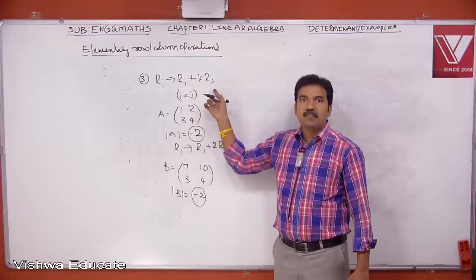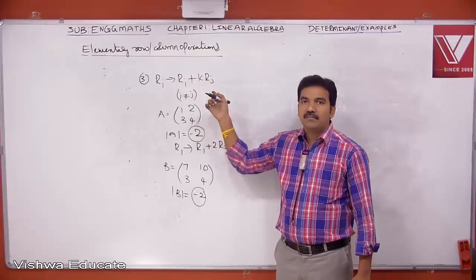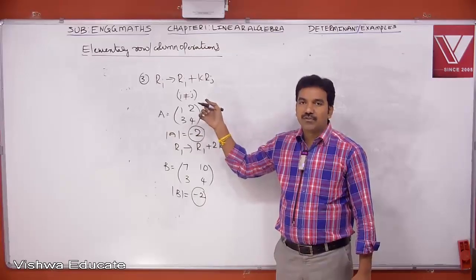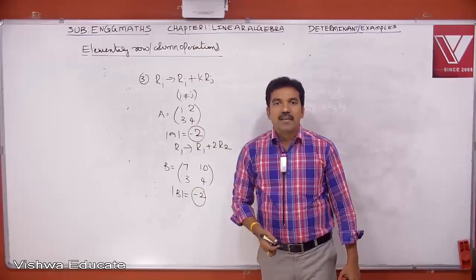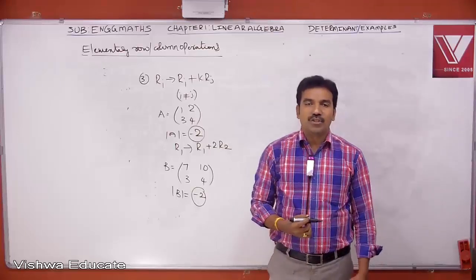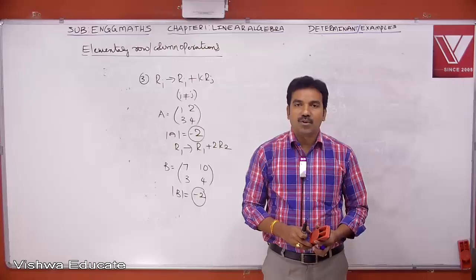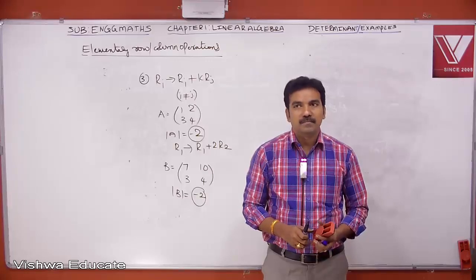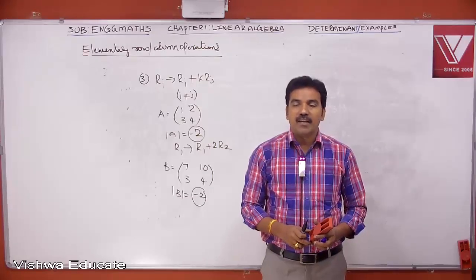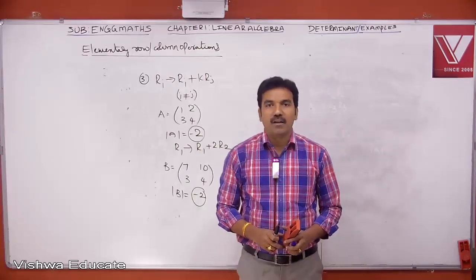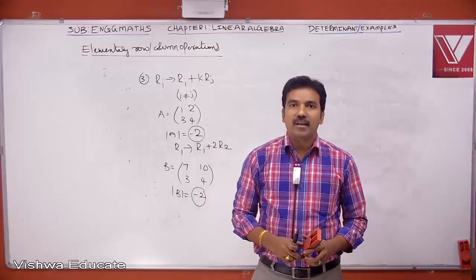Ri implies Ri plus K Rj, where K is any constant and i not equal to j. The above operation does not change the det value even if it is applied any number of times.